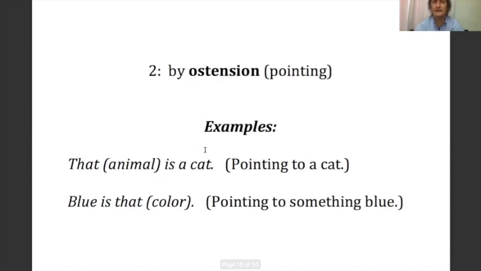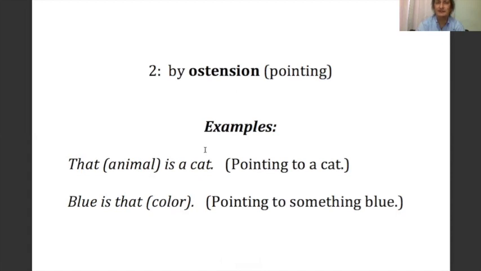Let me go through that in a little bit more detail. We have these two notions of sense and reference. And the question is how we get those. Pointing doesn't give you either of them. But let me go through a kind of what if scenario.